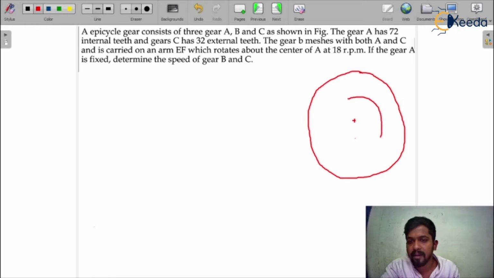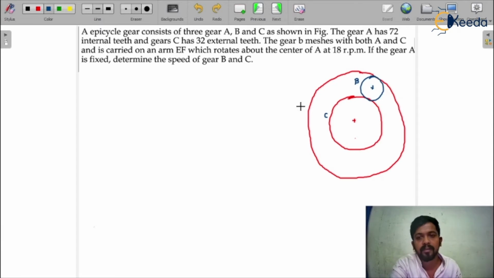Gear C has external teeth, and gear C is also known as the sun gear. Gear A is the ring or annulus. This is B and this is C, and there is an arm connected between B and C. This is the arm EF.